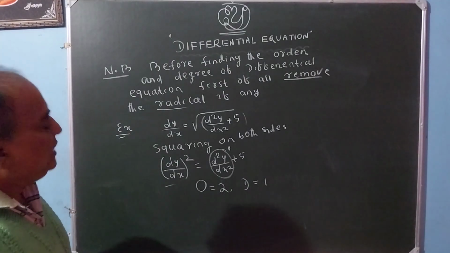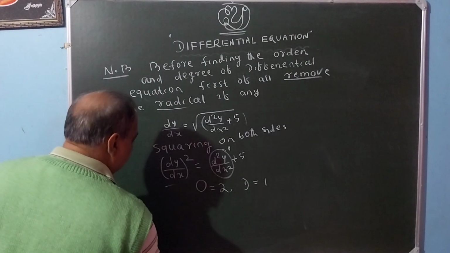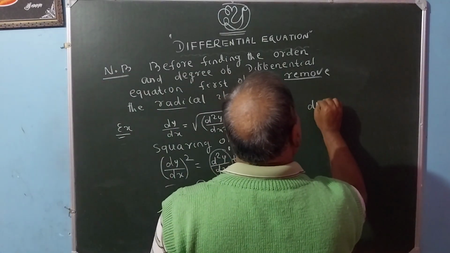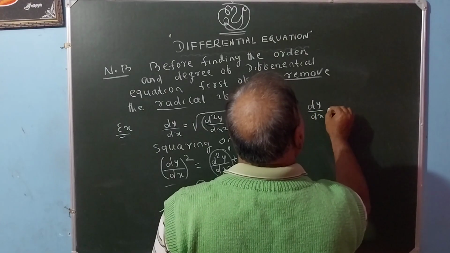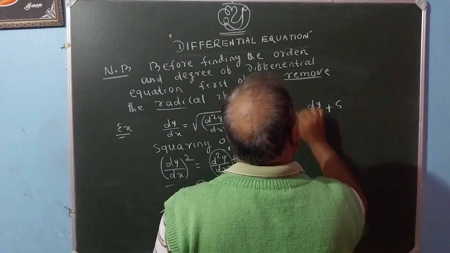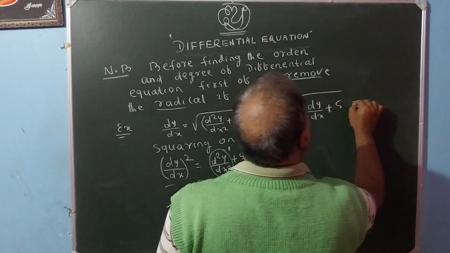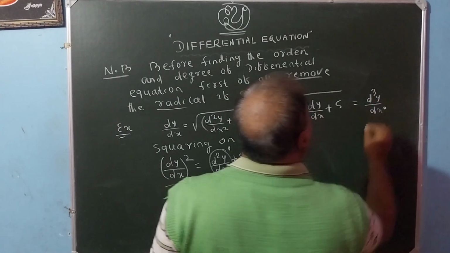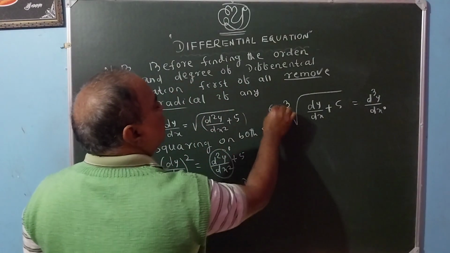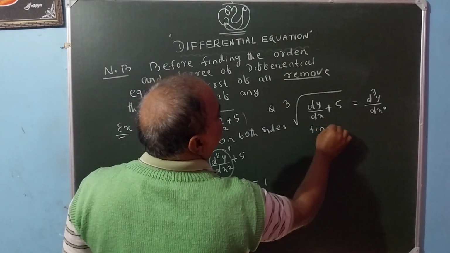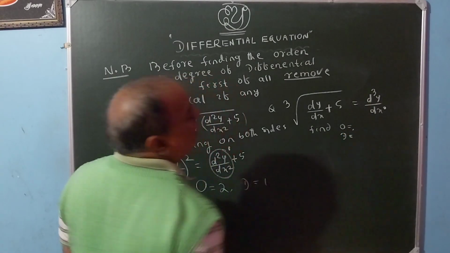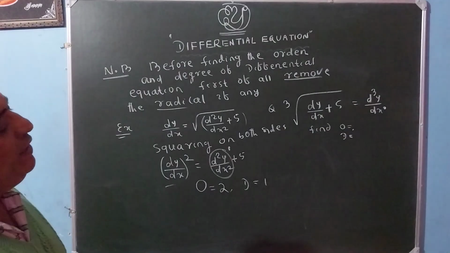Okay, so let us take another example. The cube root of dy/dx plus 5 is equal to d cube y/dx cube. This is one question: first find the order, then the degree.